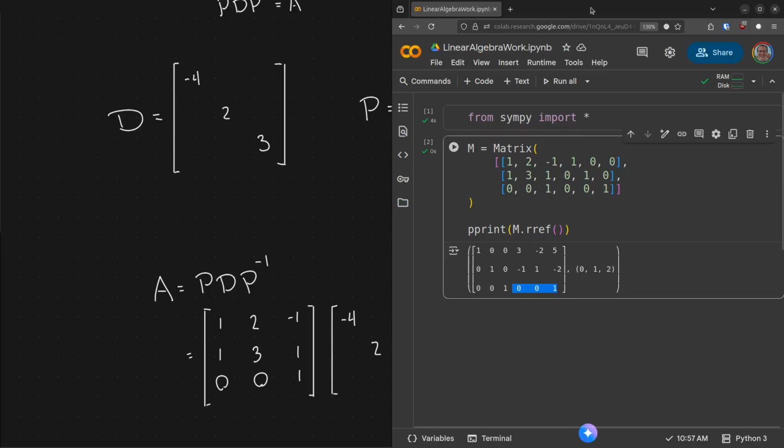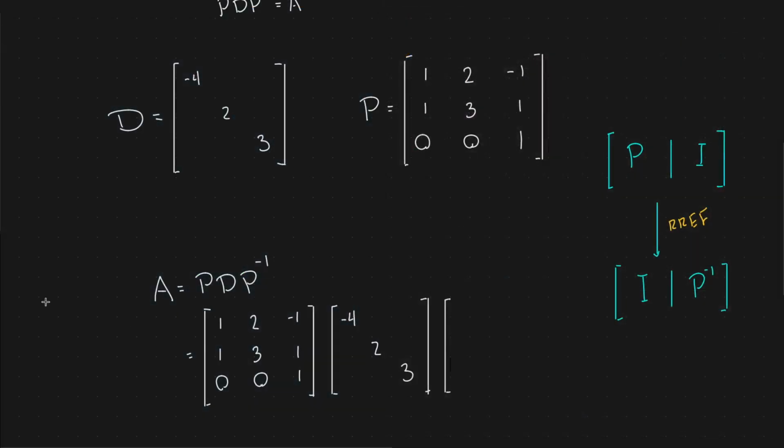Okay? So looking at that, my P inverse is 3, negative 2, 5, negative 1, 1, negative 2, 0, 0, 1.